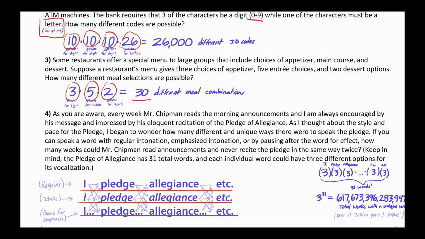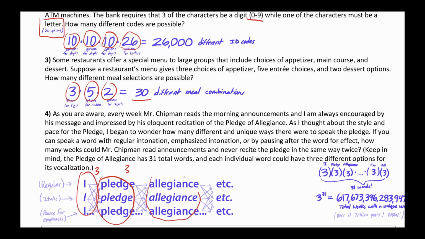So out of those 3 different options, here in this first word, I have 3 choices. In my second word, I also have 3 choices. And I've drawn different arrows saying that I pledge, it could go in different ways. Regular, I pledge. Then regular to italic, or maybe italic to pausing. So there are lots of different combinations of arrows. 3 times 3, there are actually 9 combinations.